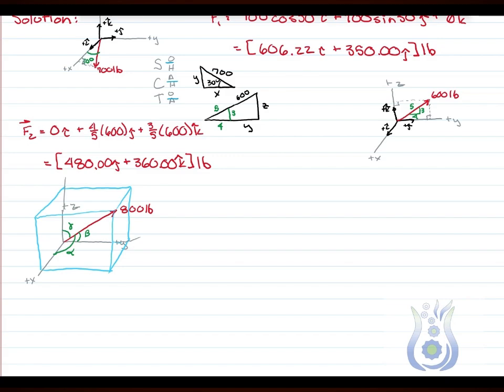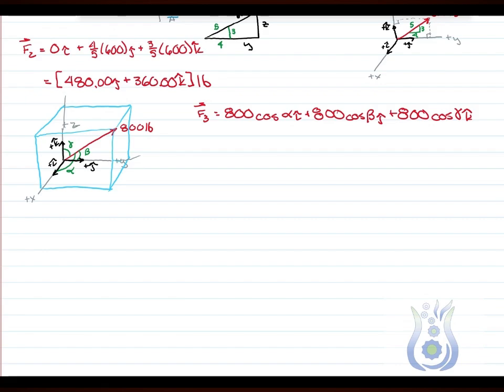So we have F being 800, so 800 cosine alpha i caret plus 800 cosine beta j caret plus 800 cosine gamma k caret.